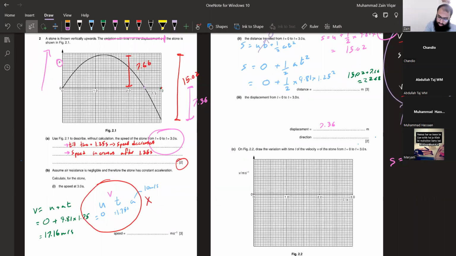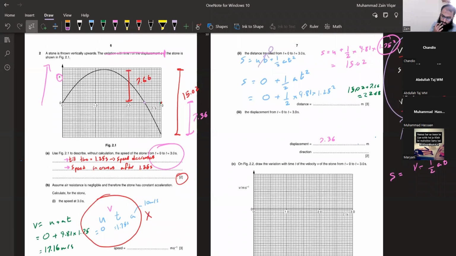Okay, so the next part is draw the variation with time t of the velocity v of the stone from time t equals 0 till time t equals 3 seconds. So from time t equals 0 till time t equals 3 seconds, I need to draw the velocity. Initially, I know how the speed varies.